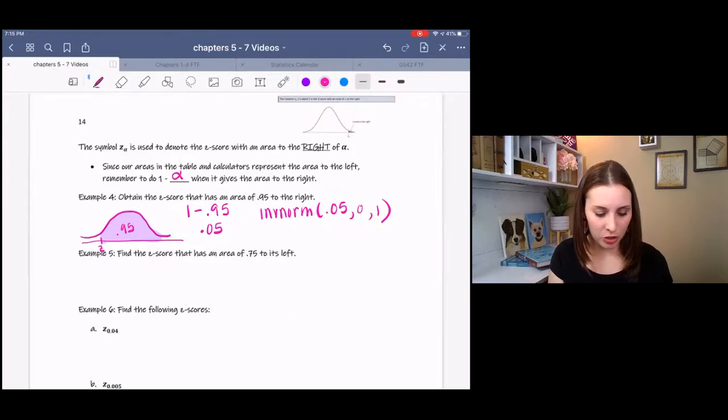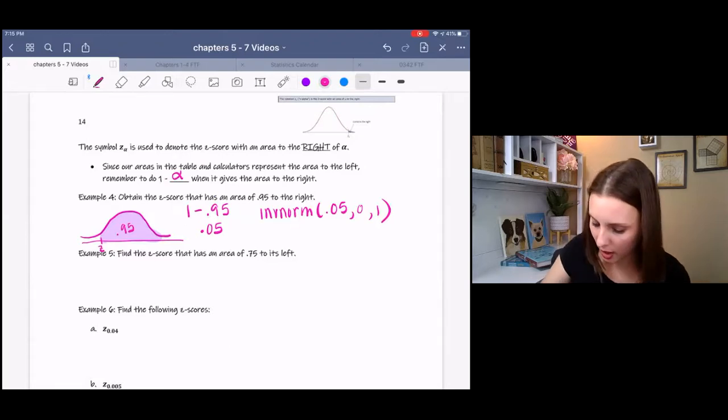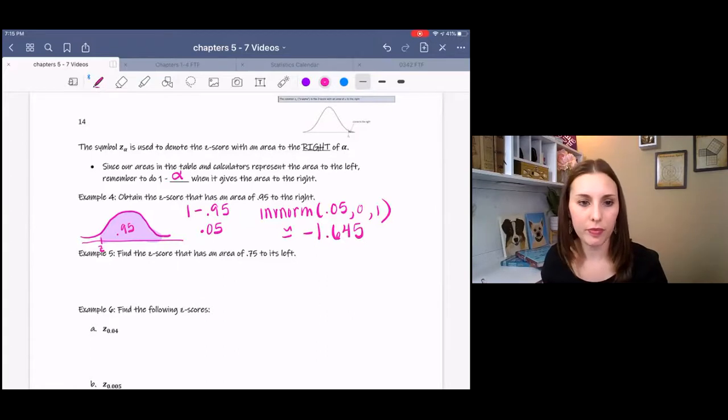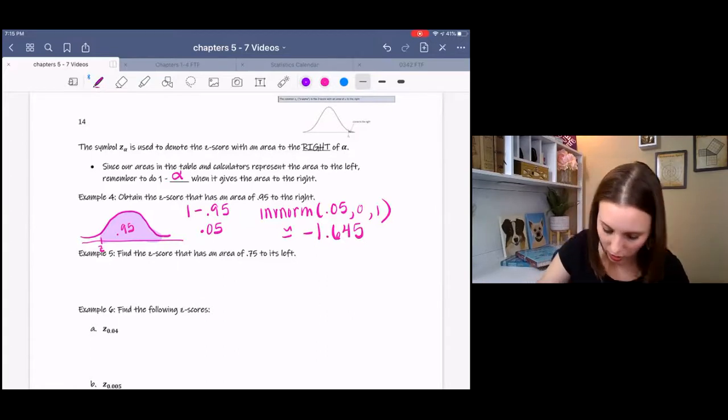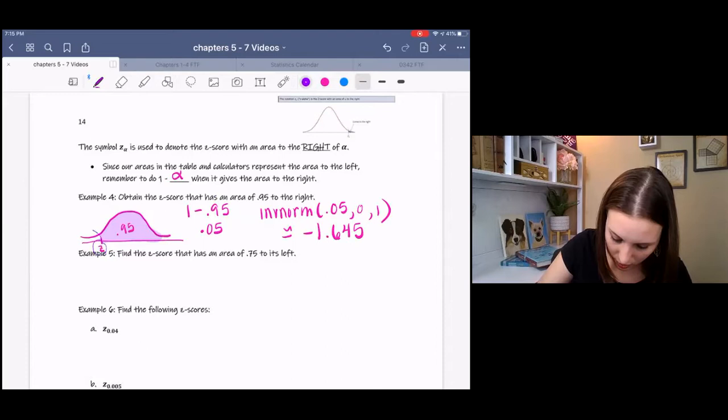In your calculator, you can do inverse norm 0.05, comma 0, comma 1, parentheses, and we get about negative 1.645. So this z-score is negative 1.645.